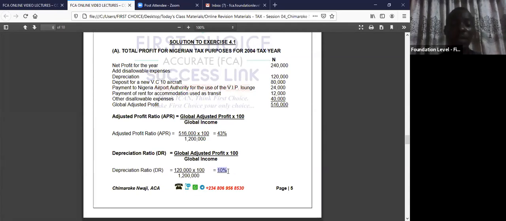And we are told that the FIRS are satisfied with these two ratios. So you have all the ingredients. You have your adjusted profit and its ratio, your depreciation and its ratio, and you have your Nigerian income.